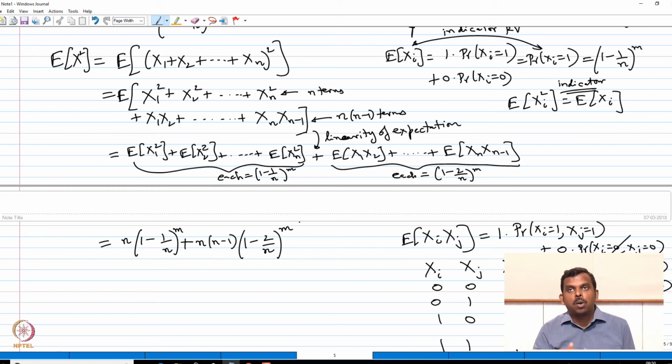For this problem, I want to reaffirm that we never found the distribution of x, the number of empty bins. Finding the distribution of x is a little bit more painful, and if you want to calculate the expected value of x squared through that route, finding the distribution first and then using the formula for expectation, it's not that easy. On the other hand, using indicator random variables, linearity of expectation and properties of indicators, one can very quickly get to the answer.